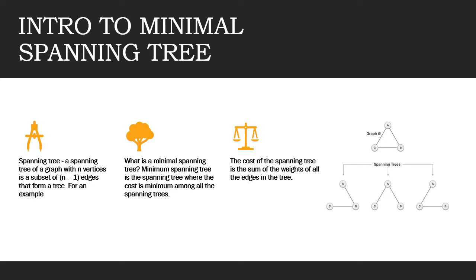Now, to make a spanning tree, we take the number of vertices, minus 1, and then we connect the 3 vertices with that number of edges.